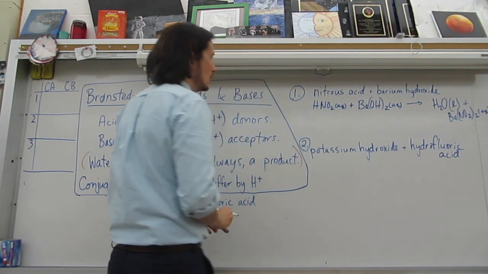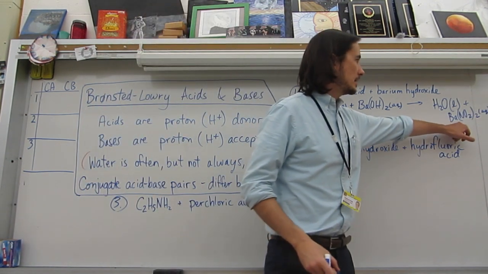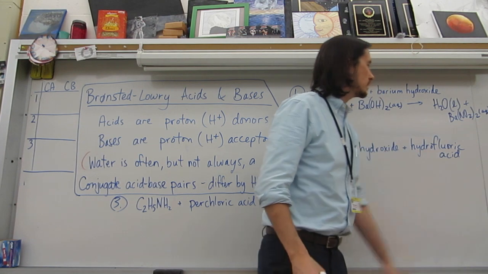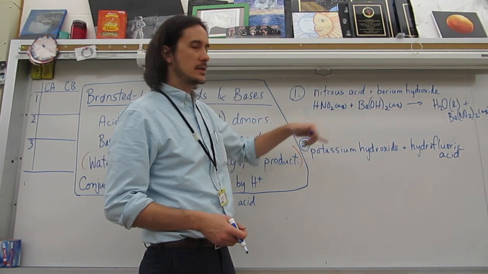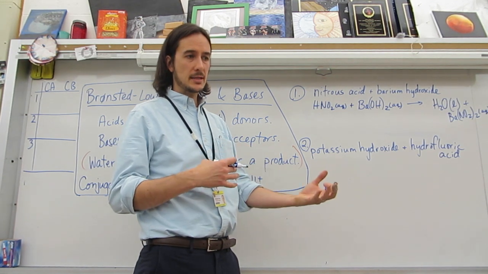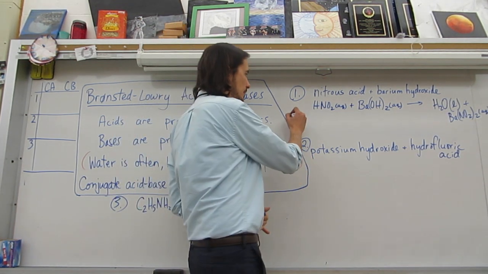Okay, so now we could do a net ionic equation. That's Ba(NO2)2 aqueous, in case I ran out of room. So I'm going to do a net ionic equation. For a net ionic equation, we split any strong acids or strong bases. Nitrous acid is a weak acid, so we keep it.